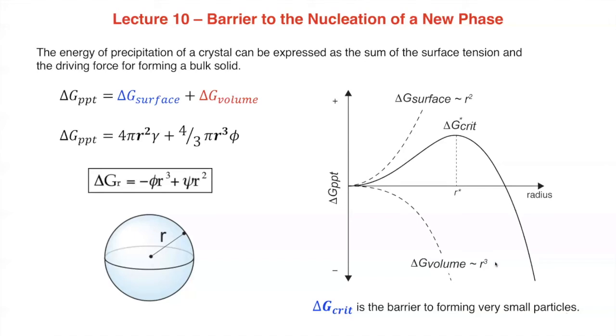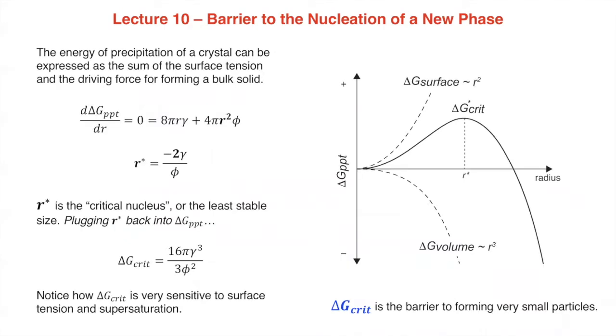Okay, so any crystal or bubble that you make that is larger than this radius, it becomes very favorable to grow it. Any crystal or bubble smaller than that radius, it's actually favorable to dissolve it. So much has been made out of this sort of a depiction.